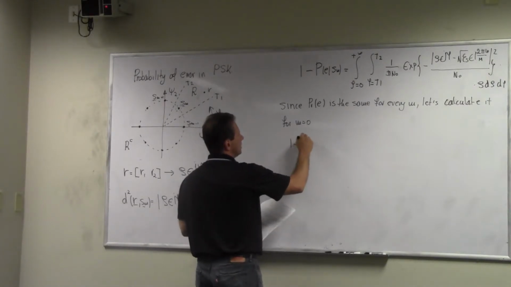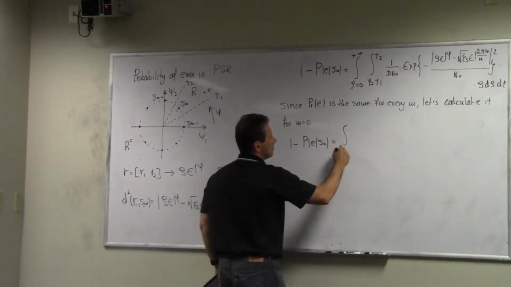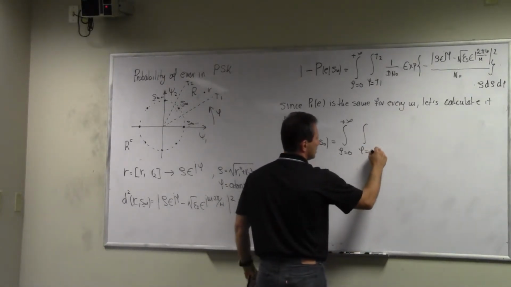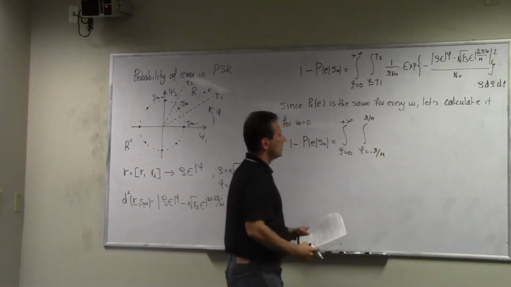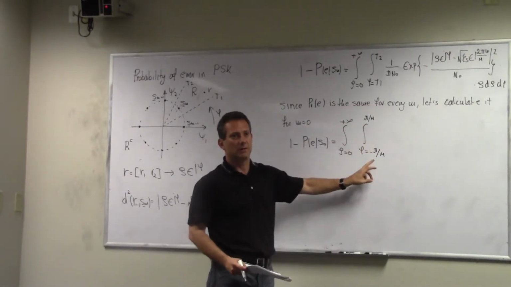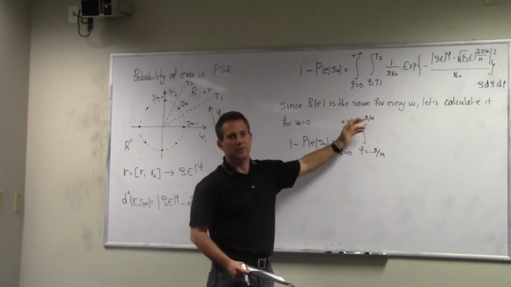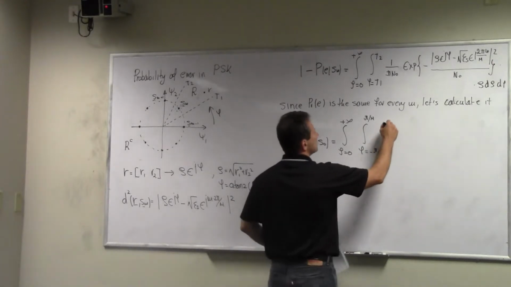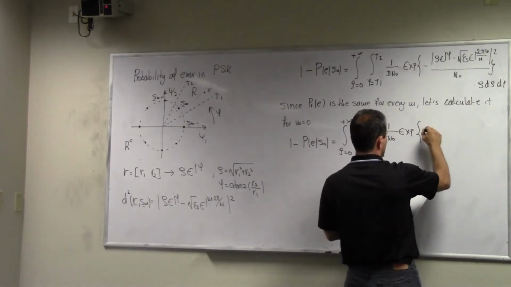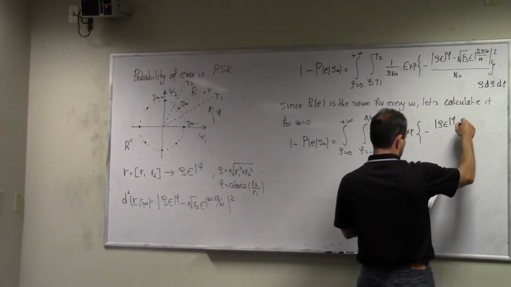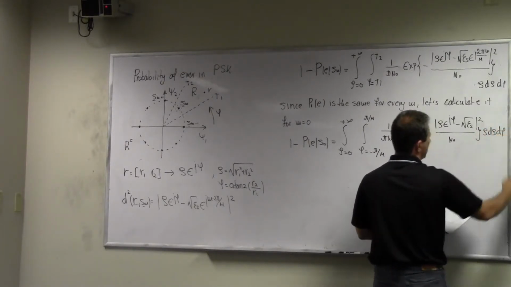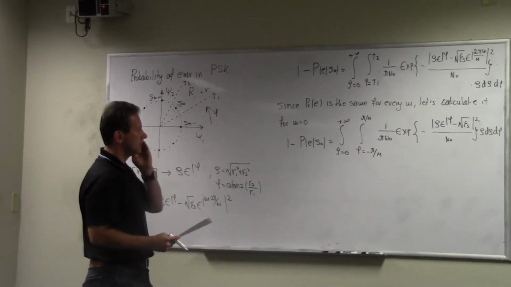So 1 minus probability of error given S0 becomes the integral where rho goes from 0 to plus infinity, and phi goes from minus pi over M to pi over M. If you remember, the limit was 2m minus 1 times pi over M; if m is 0, it becomes just minus pi over M. And the other was 2m plus 1 times pi over M, so if m is 0, it's just pi over M. And then this becomes 1 over pi N0, e to the minus magnitude of rho e to the j phi minus square root of epsilon s, squared, over N0, rho d rho d phi. And so that's now an integral that we need to evaluate.